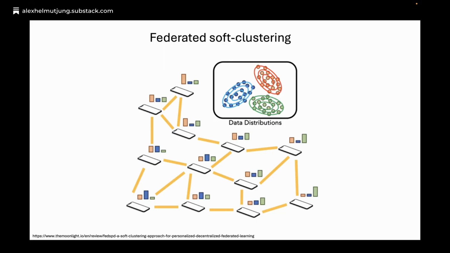But the main problem is that we usually don't want to share the raw data due to privacy reasons or due to some computational constraints. Maybe it's not feasible to share the raw data via our communication channels. So we have to find a way to do the clustering on all of the nodes collaboratively, but without sharing raw data.